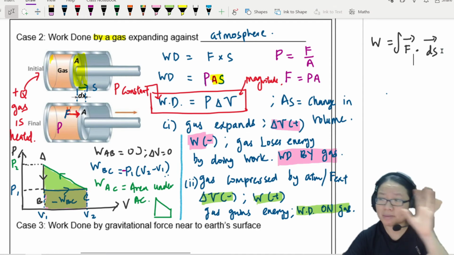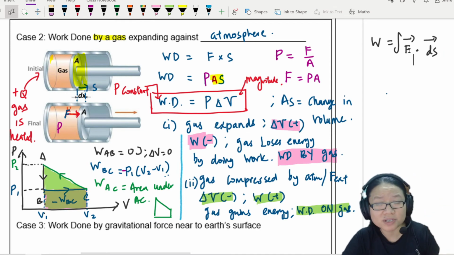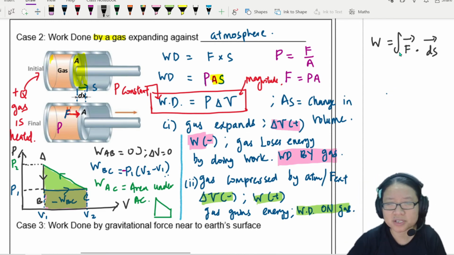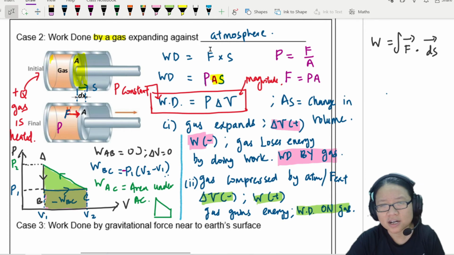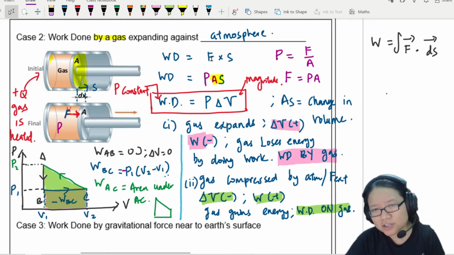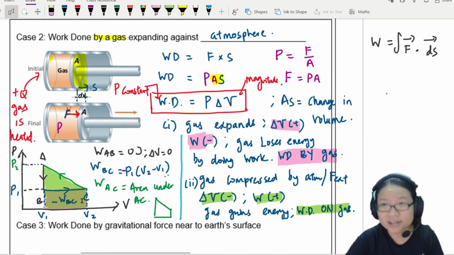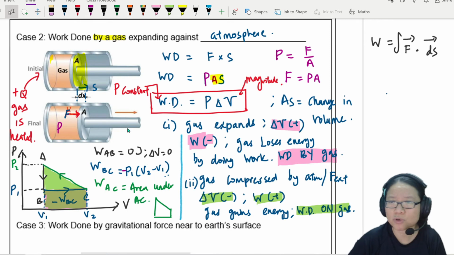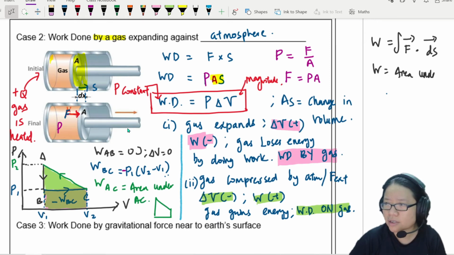So in some examples, like if you watch the spring one, you'll notice that force will change. In this case, the force is not constant, or the pressure changes like here, then you look for the area under the graph, because this W is always the area under F versus s.